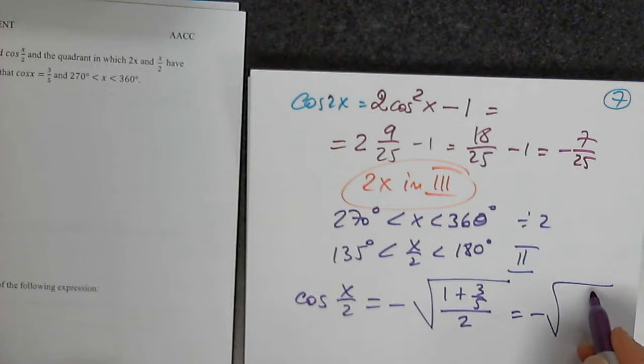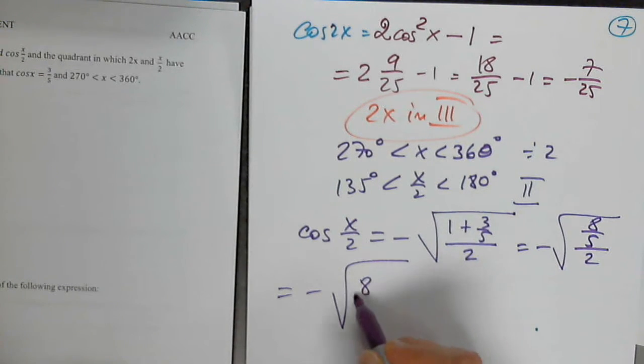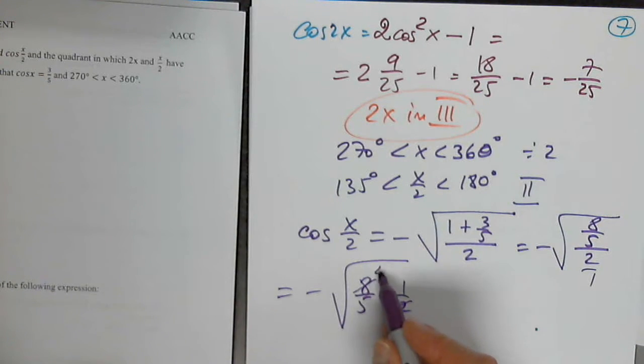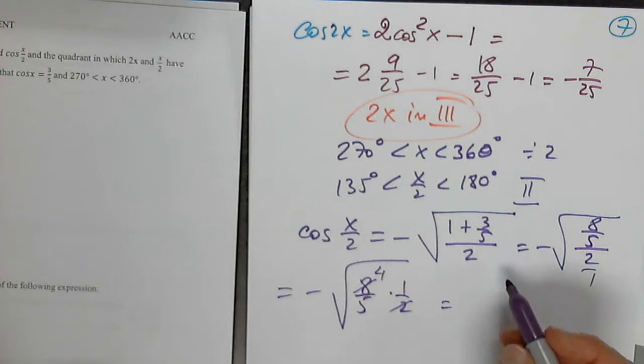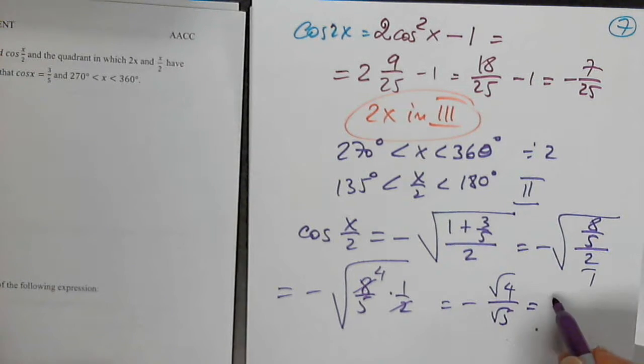So negative the square root of 8 over 5 over 2. So I flip, right? I have 8 over 5 times 1 over 2. So then I have negative the square root of 4 over the square root of 5, and this is 2, and I rationalize the square root of 5 with minus in front over 5.